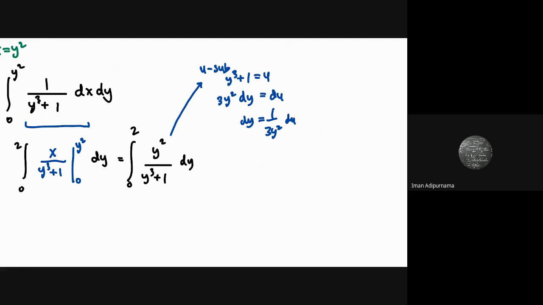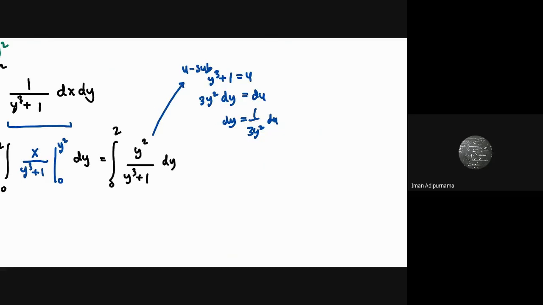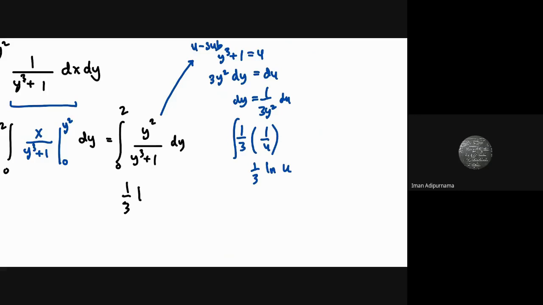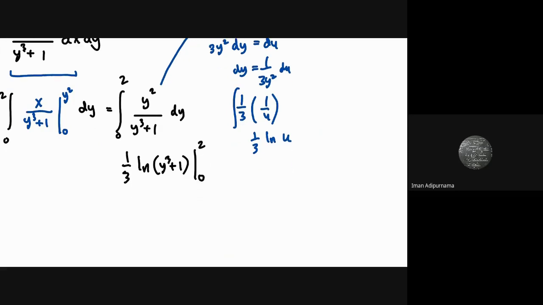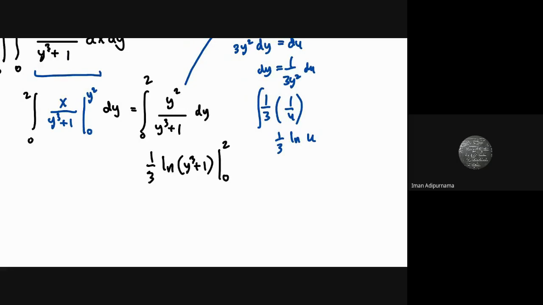Okay. So we will have 1 over 3 and then 1 over u, right? And 1 over u, we integrate, it will be ln, right? Ln u. So you will have 1 over 3 ln, and then u is y cubed plus 1, from 0 to 2. So we will have 1 over 3 ln 9, right? This will be the answer.